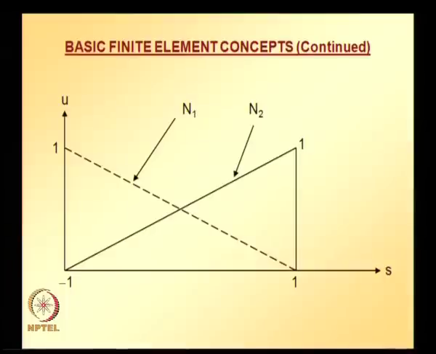And this is what is called the Kronecker delta property, that is, N1 evaluated at the N2 location is equal to 0, N2 evaluated at the node corresponding to N1 is equal to 0.